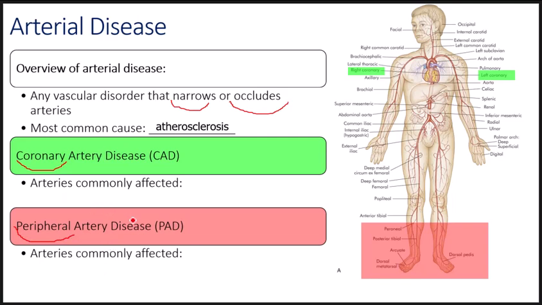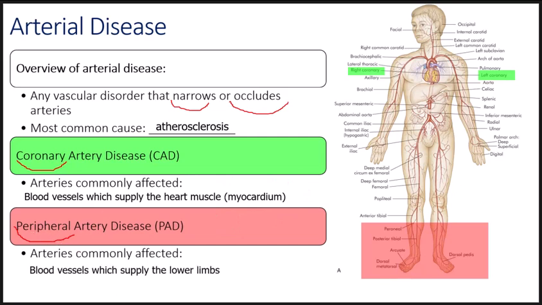You need to be aware that the most commonly affected arteries are going to be those coronary arteries, the blood vessels that supply the heart muscle, which is known as the myocardium. But when it comes to peripheral artery disease, it's going to be affecting blood vessels that supply primarily your lower limbs.